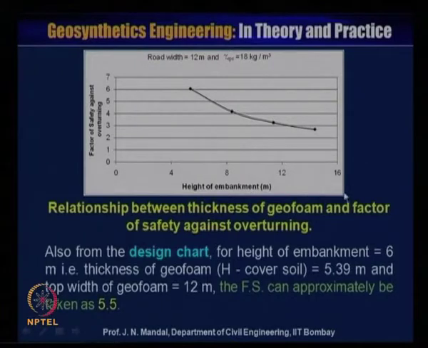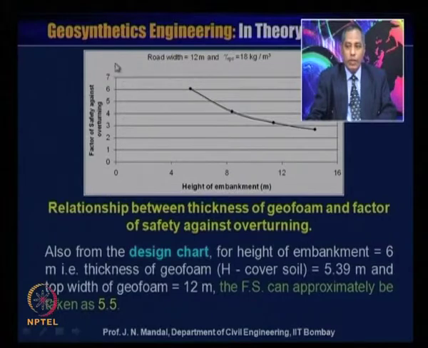The horizontal axis is the height of the embankment and the vertical axis is the factor of safety against overturning. Here you can see that the factor of safety due to overturning is reducing with increasing height of the embankment.